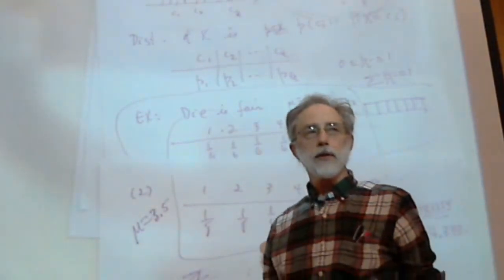This variance turned out to be 2.92. So this variance is going to be what? Bigger or smaller? Smaller, right? Because the mass is more packed in closer to the mean. So the variance is measuring the spread.